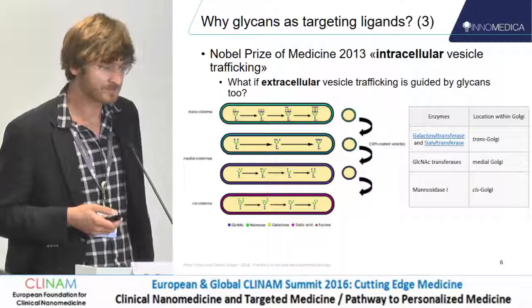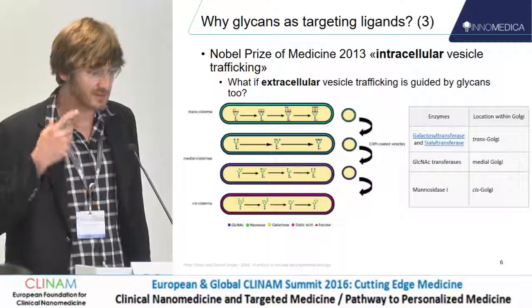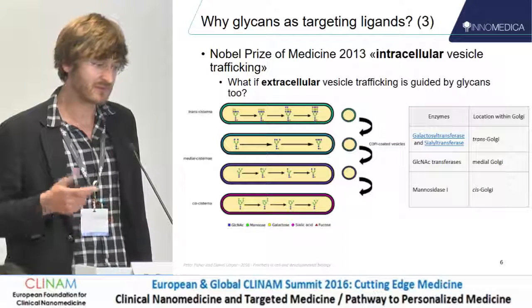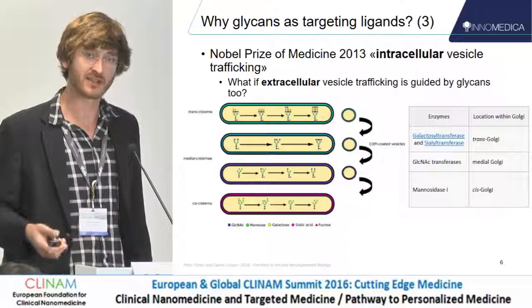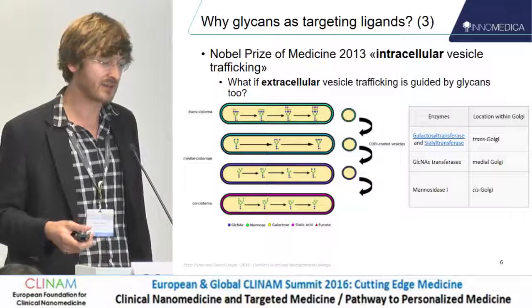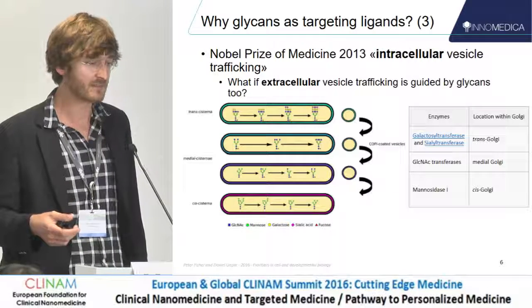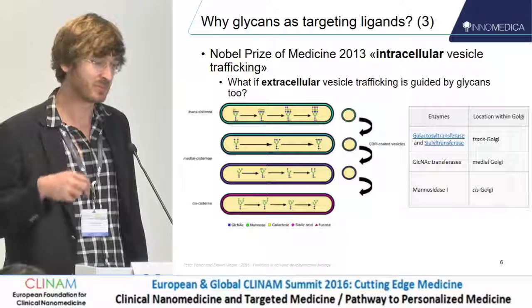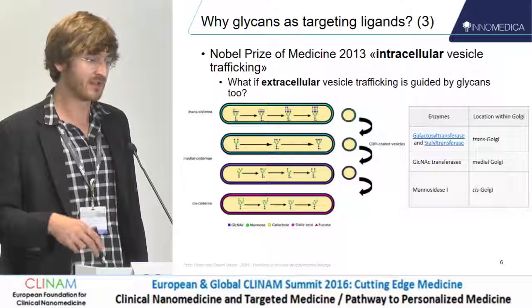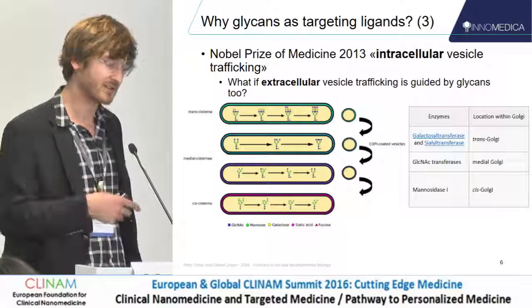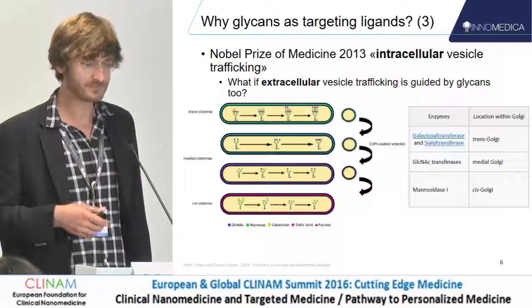But yeah. Next, I just wanted to outline quickly, in 2013, the Nobel Prize of Medicine went to intracellular vesicle trafficking. And interestingly, the Golgi apparatus is putting very specifically glycan building blocks on top of each other while the vesicles traffic through from the cis Golgi to the trans Golgi.